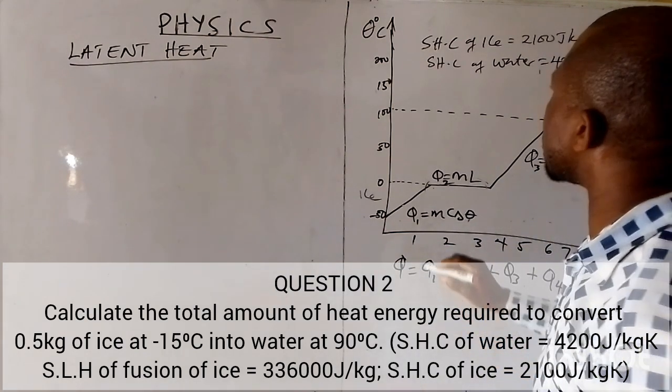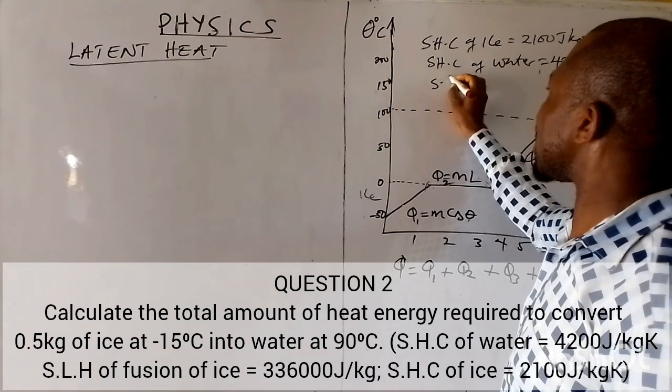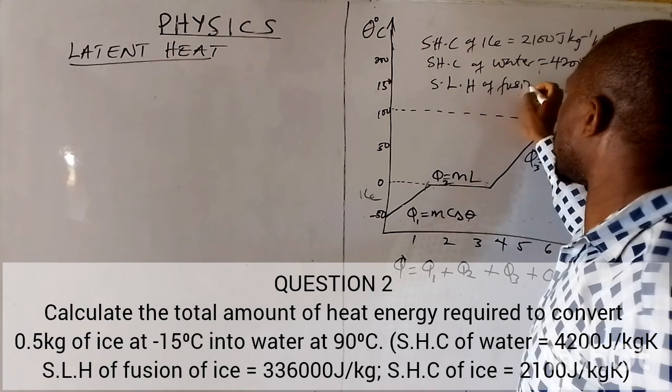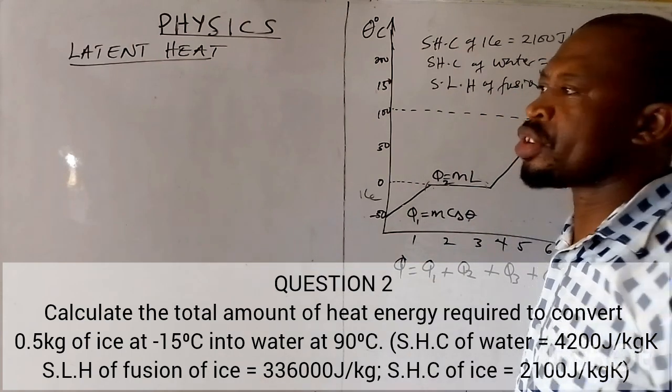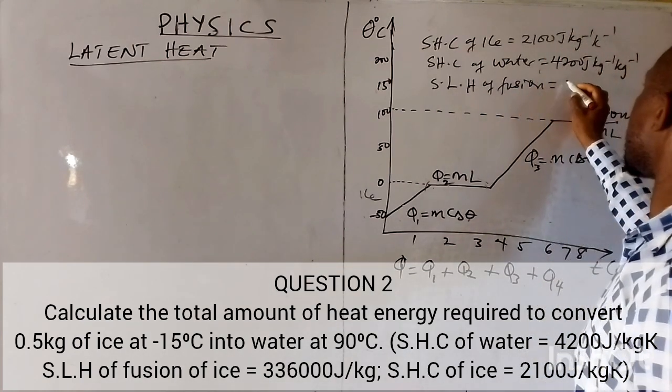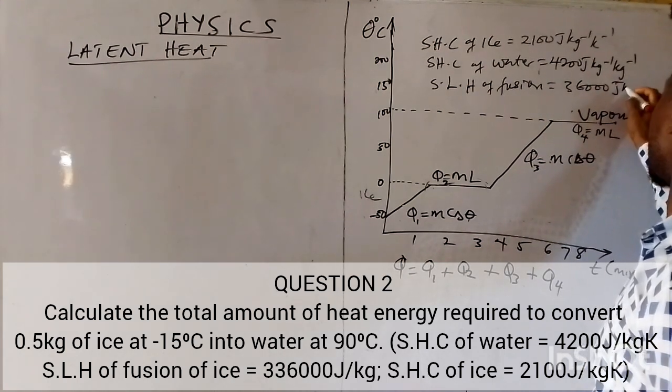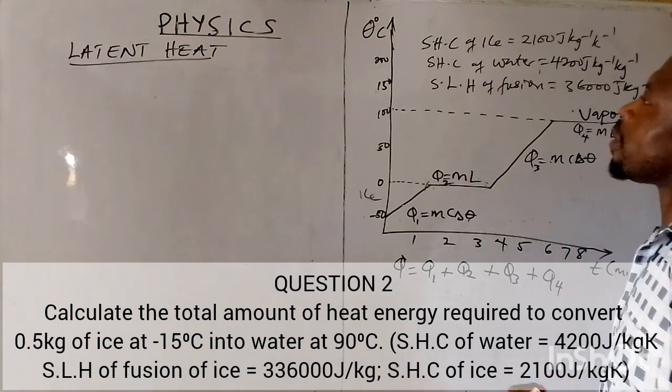The specific latent heat of fusion of ice is given as 336,000 joules per kg.